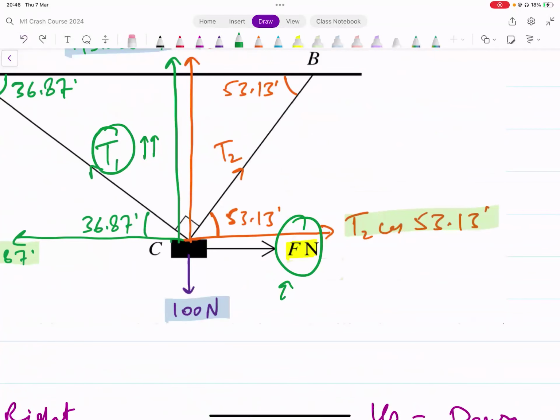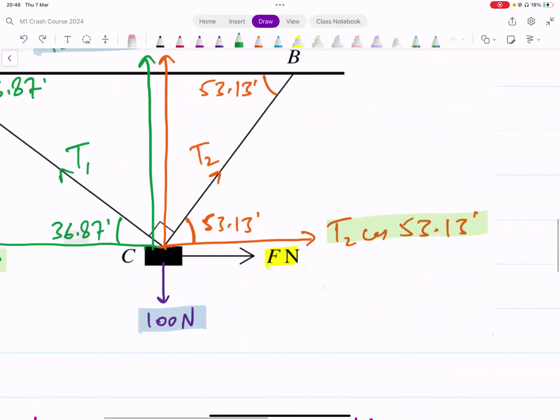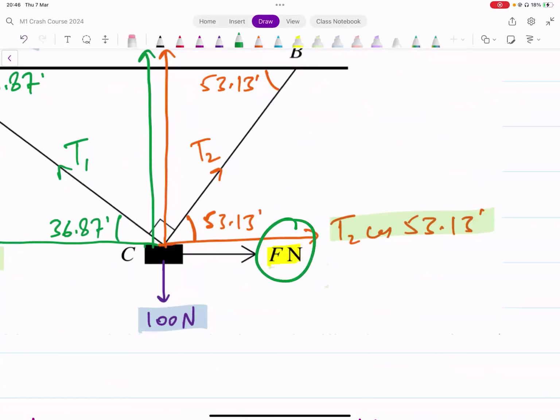So what happens is, just when the object is about to move, so when this force F becomes large enough that the object is just about to move to the right side, the tension in this string is going to become 0.